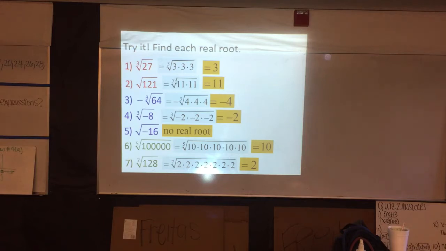We use square roots in several different levels of mathematics, several different classes. We use this one the most in real life, I believe, because it applies to so many different types of things in real life.